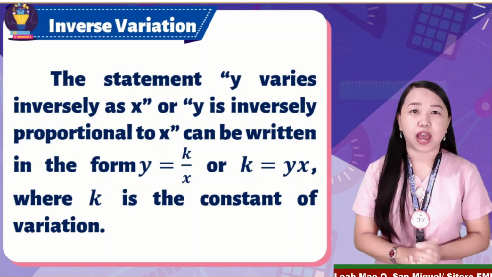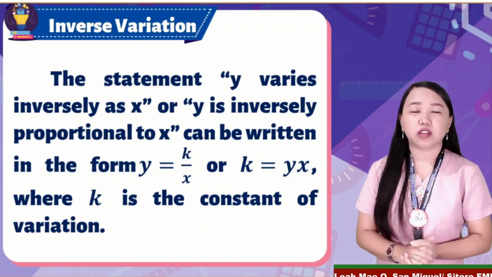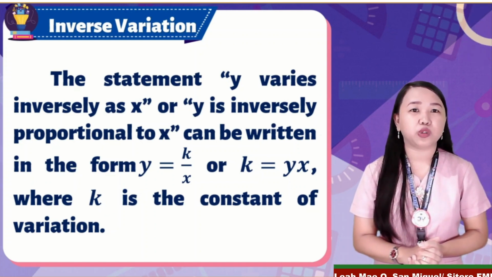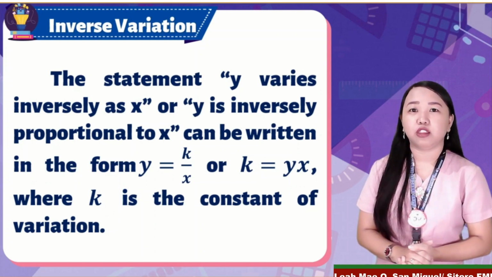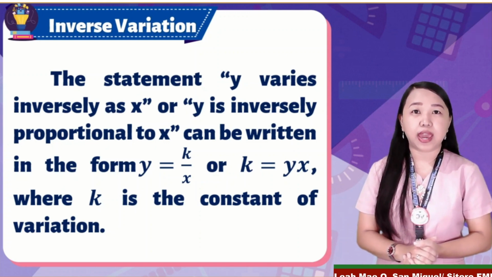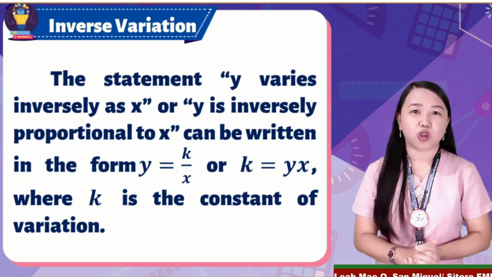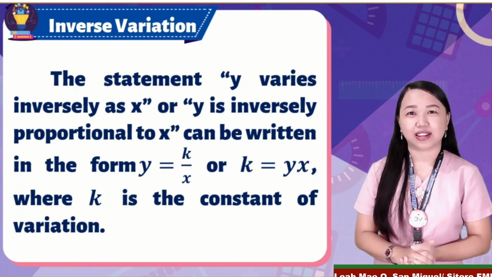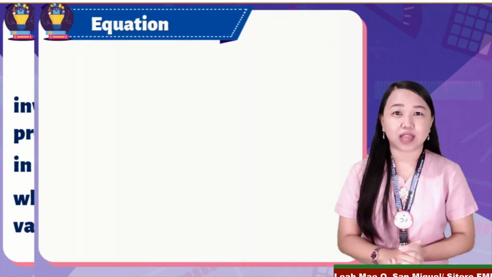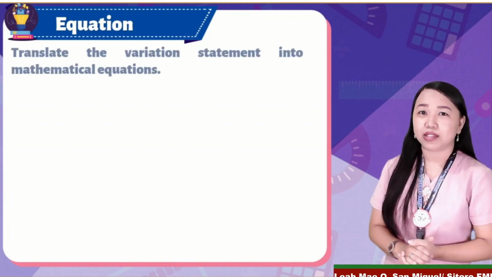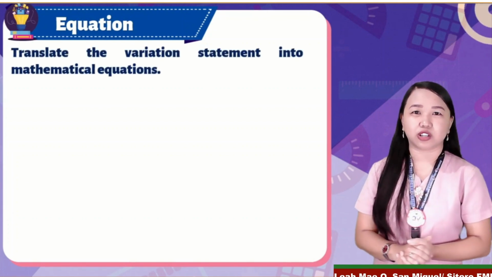We can say that y varies inversely as x or y is inversely proportional to x, which can be written in the form y is equal to k over x or k is equal to yx, where k is the constant of variation. To apply these concepts on inverse variation, let's translate the statements into mathematical equations.